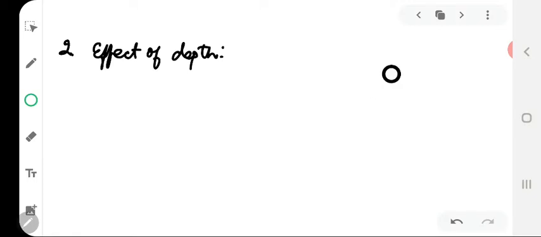Let's discuss the second factor. Effect of depth. Again, we will make use of a diagram.